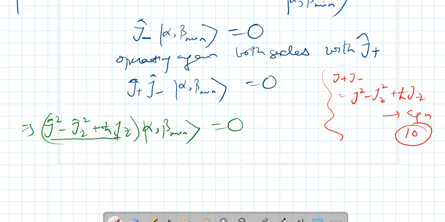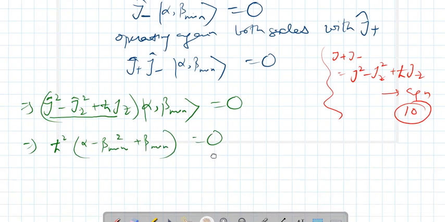If I substitute their values as I did earlier, it is ħ²(α − β_min² + β_min) = 0.